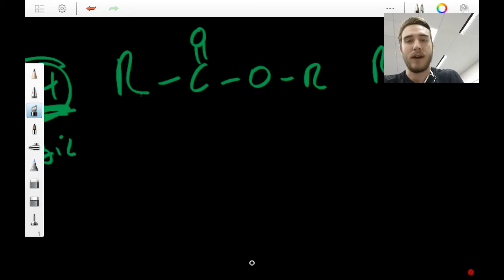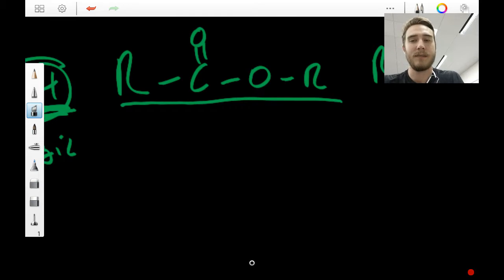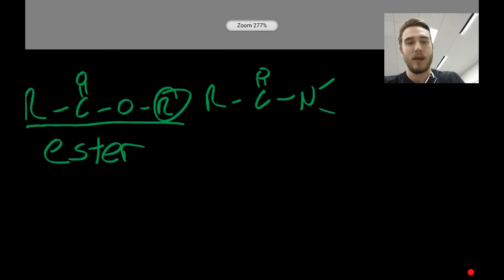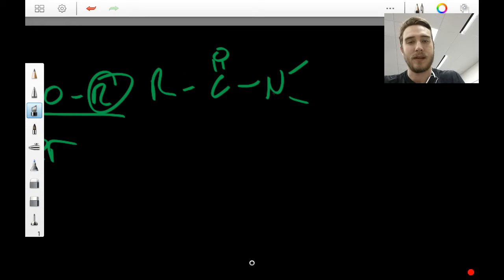Finally, if we have something that looks kind of like a carboxylic acid, but instead of an H, we have another R group, we're going to call this an ester. And if we're replacing the oxygen with an N, it's kind of like amine, but we're going to call it amide.